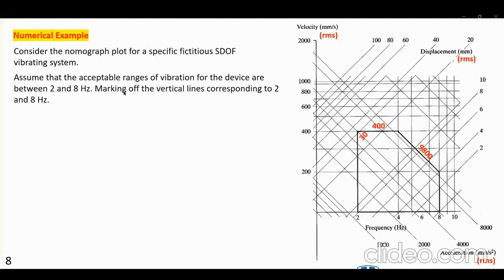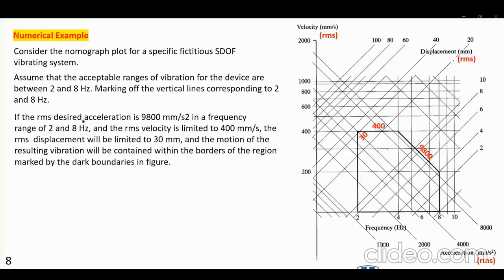And the RMS desired acceleration is 9,800 millimeter per second squared in that frequency range. As soon as we say that, it means the acceleration must be below that. These lines with a slope of -1 are acceleration lines, so find the line which corresponds to 9,800.